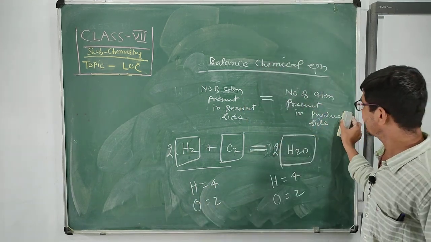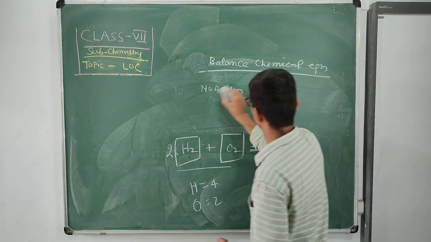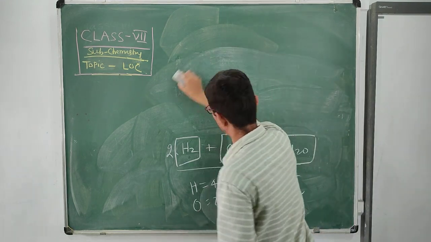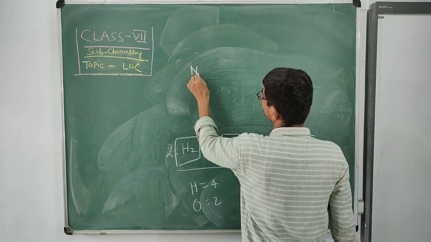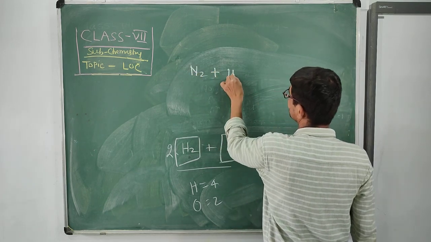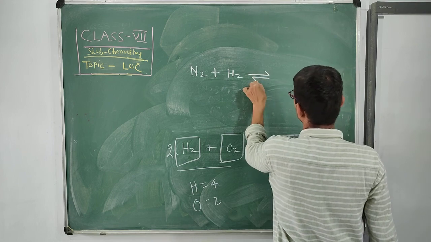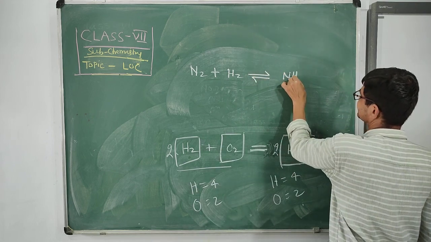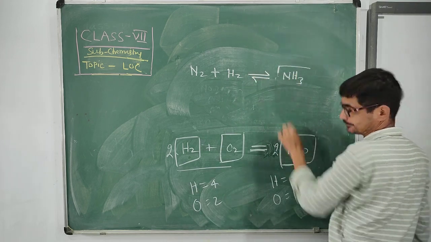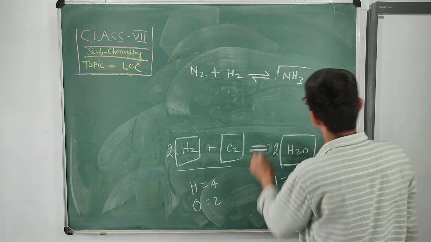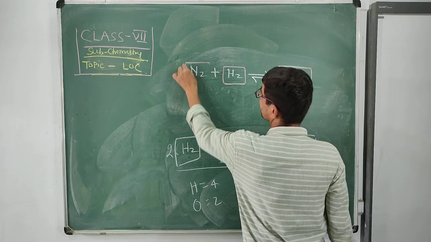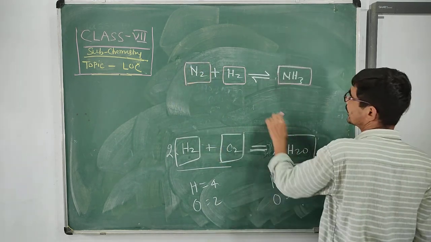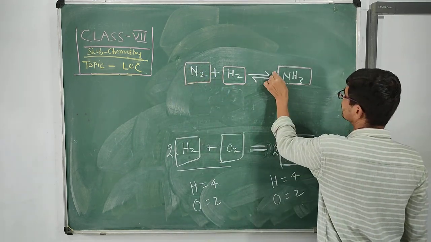Now one more example I am just going to take. Nitrogen combines with hydrogen to form ammonia. This is called ammonia. This is hydrogen and this is nitrogen. Nitrogen is 2 here, 1 here, that's why 2 is attached.